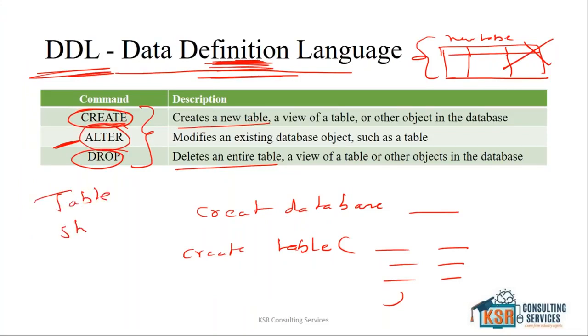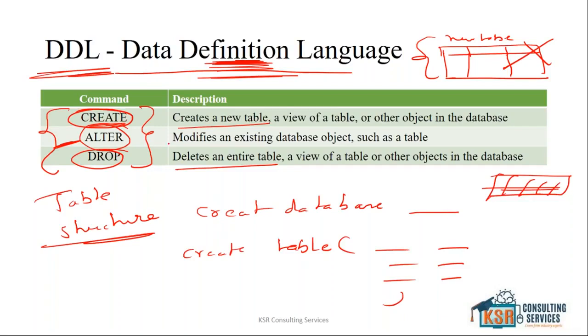Table structure is changed. All three, create, alter and drop, become data definition language, because you're creating a new structure, a table, or you may alter it, you may drop it, or you may add one more column. That is alter. And this complete table I will drop, it becomes a drop statement. Basically you're dealing with the structure of the table.